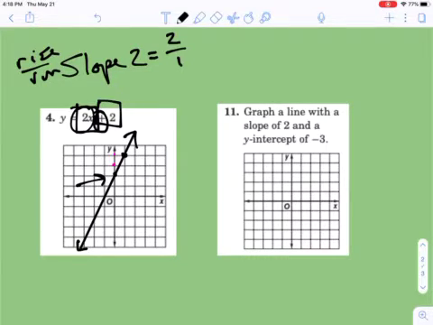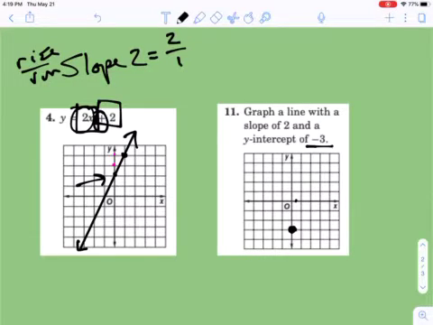All right, let's try this again. We have a y-intercept of -3 right here. So let's go down to -3. We go 1, 2, 3, and we put that point right here. Then the slope is 2.